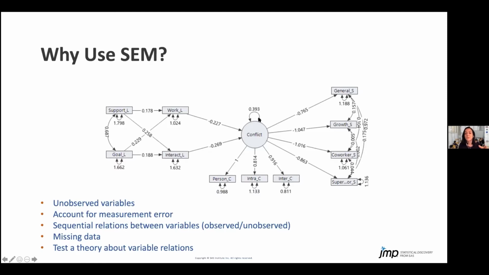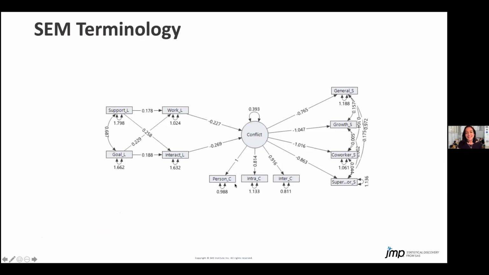And that these were the predictors of conflict and so on. So we do have to come in knowing something about what we are studying. And so in SEM, we can fit a model that maps onto our theories and then figure out whether the model fits well or not, right? Is there support for our theory? This same diagram is very useful for introducing a lot of jargon that you will come across in SEM.